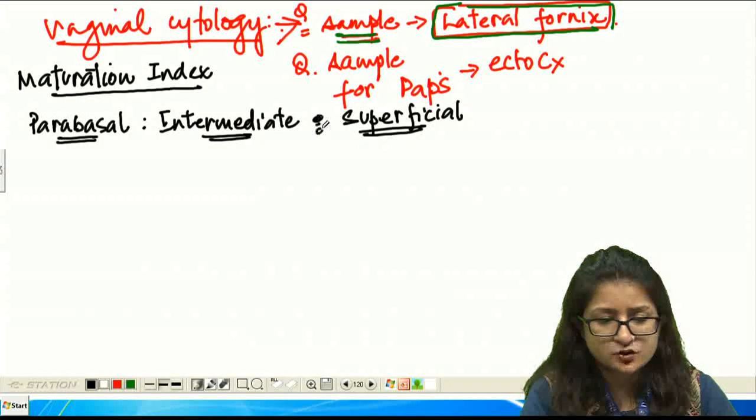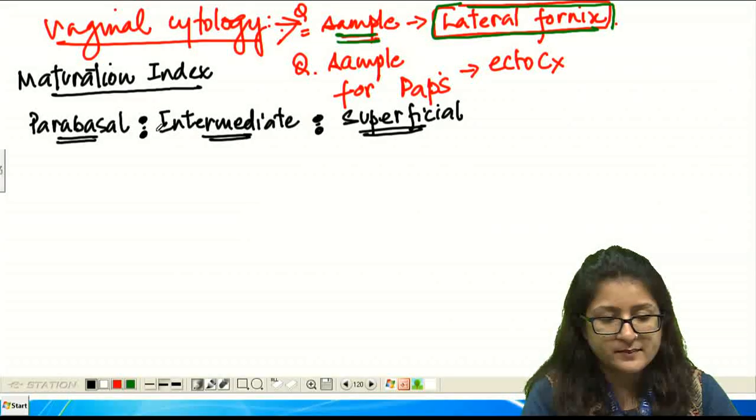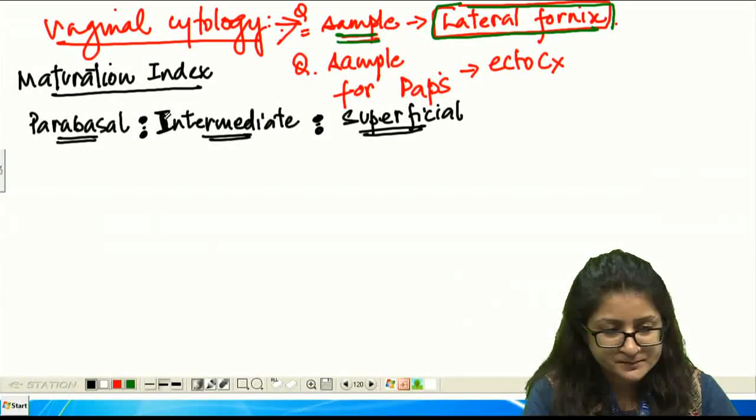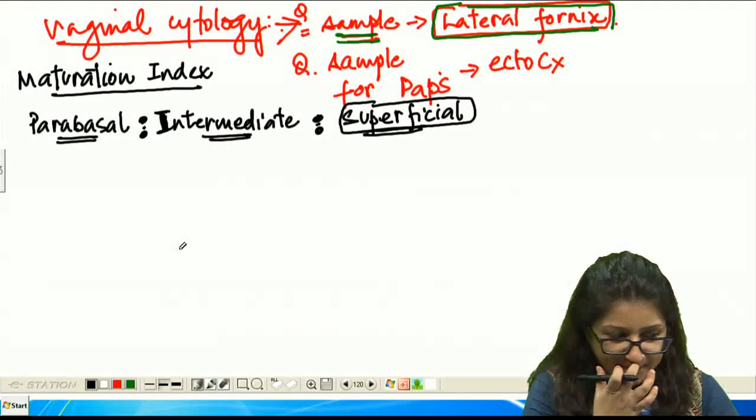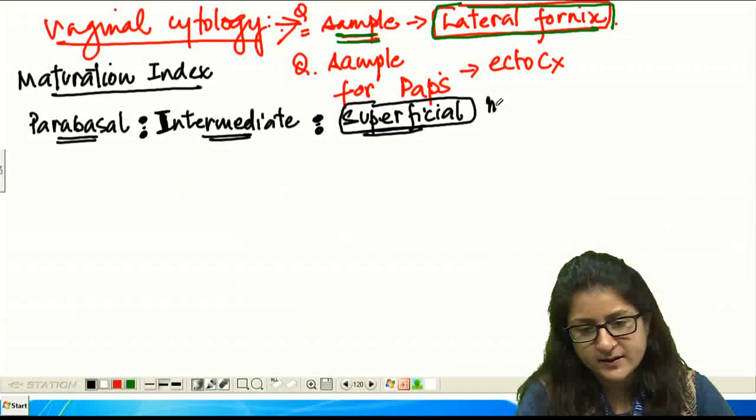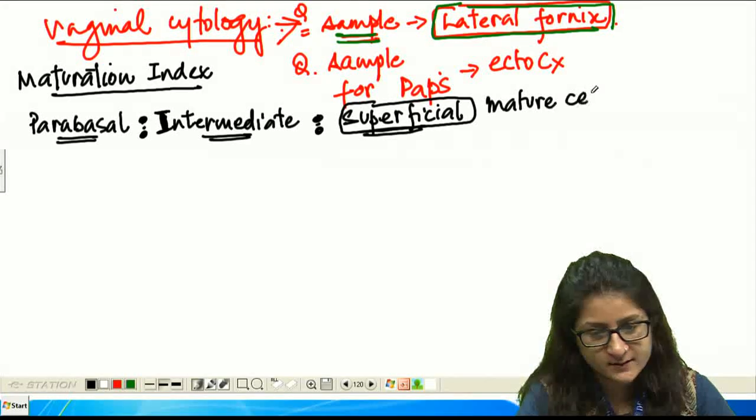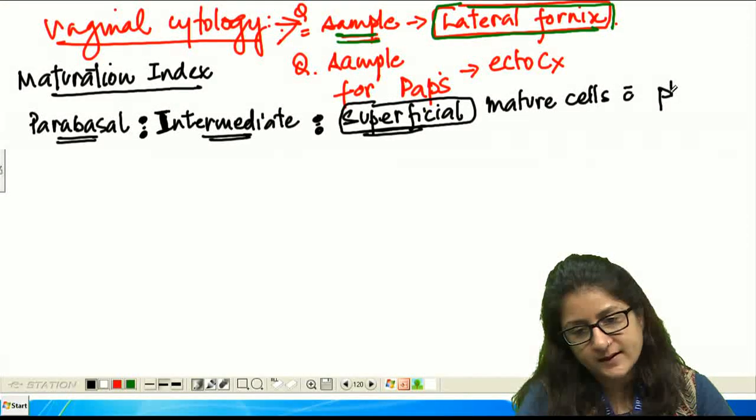So we have the parabasal cells, the intermediate cells, and the superficial cells. Superficial cells are the mature cells with pyknotic nuclei.